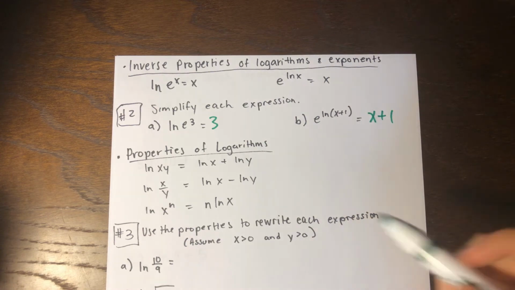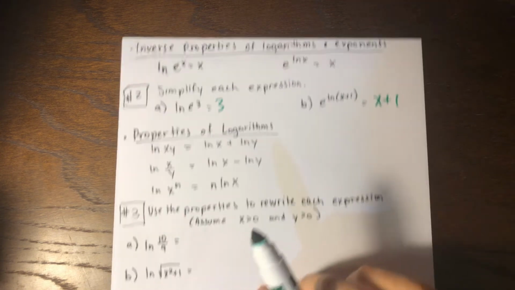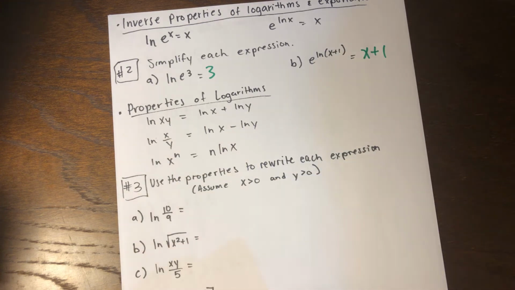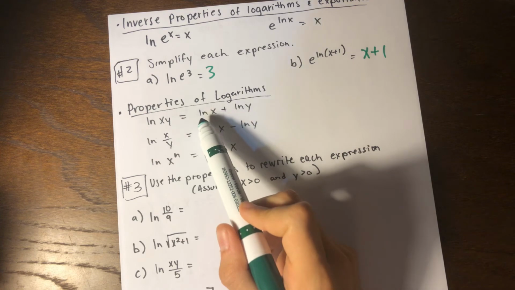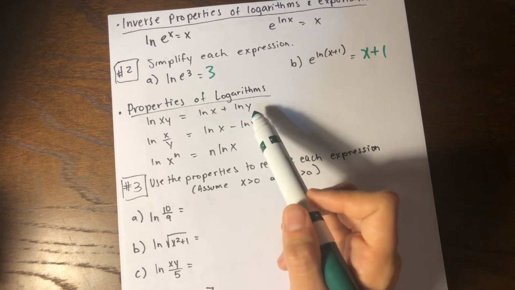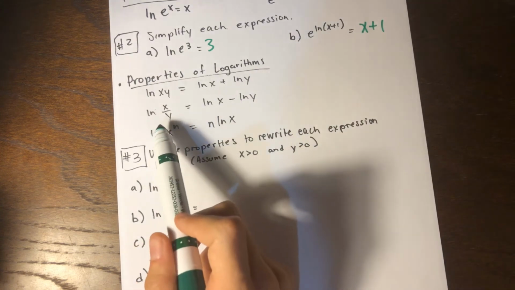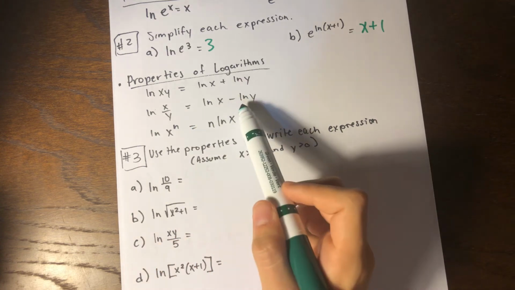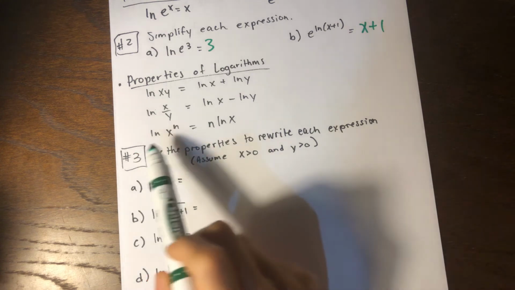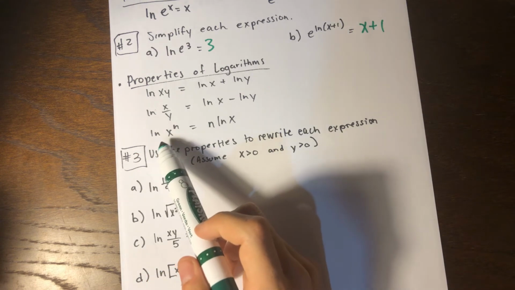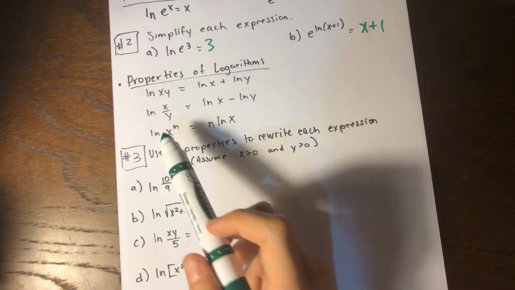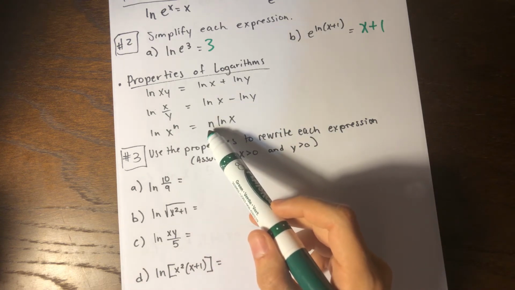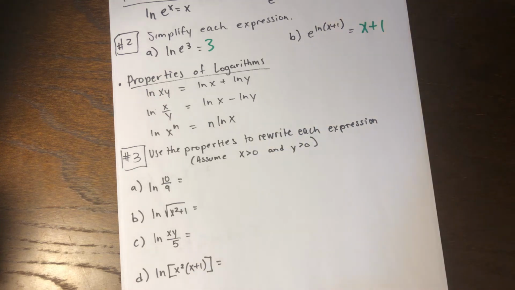Next, we move into the properties of logarithms. If we have the natural log of x times y, we split it up into the natural log of x plus the natural log of y. If we have the natural log of x divided by y, we have the natural log of x minus the natural log of y. If we have the natural log of x to the n power, we move the n in front of our natural log and keep it on the x.